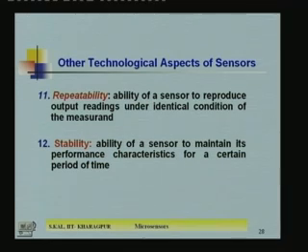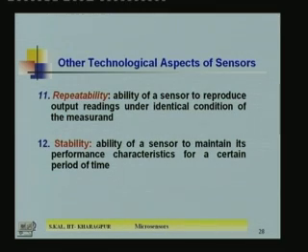Okay. And stability is another important aspect, and that is the ability of a sensor to maintain its performance characteristics for a certain period of time. So, that means how long your sensor is performing well, that is the stability. Okay.